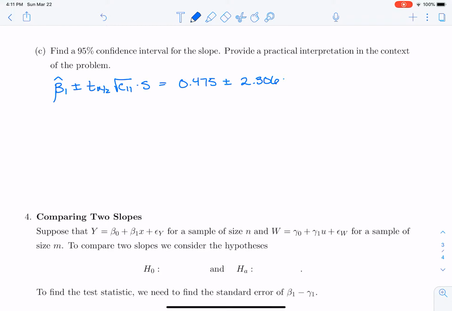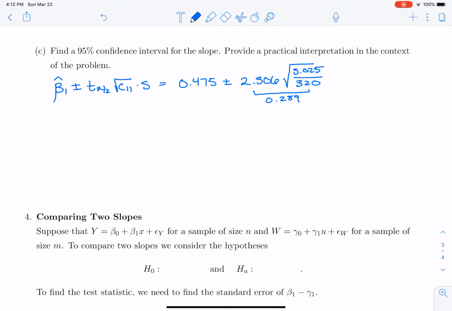And then that is going to be the square root of 5.025, that's the S, and then we're going to divide that by the C11, which is 320.